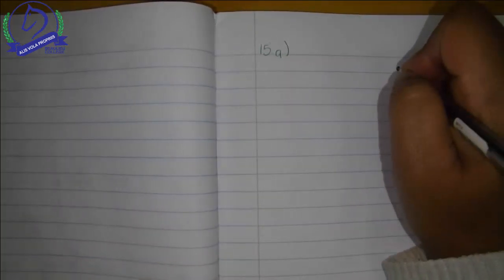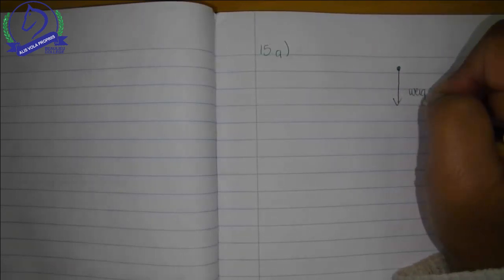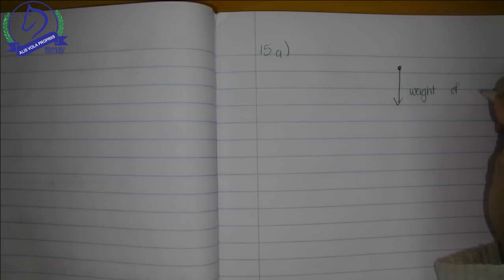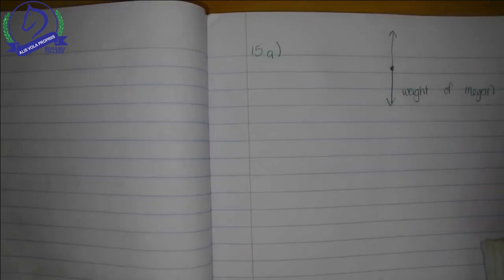Let's just get this to focus. There we go. And the free body diagram for that would have looked something like this, where we had the weight of Megan, we had the normal force, which is the ground on Megan.